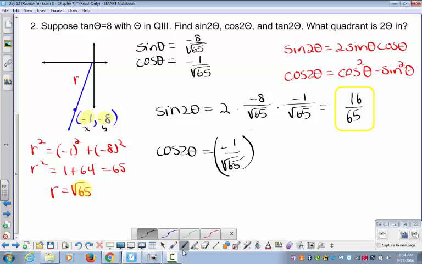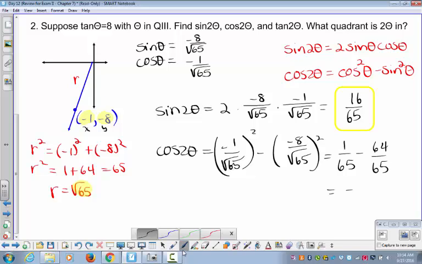So now we're going to do cosine squared minus sine squared. Oh, good. In the denominators, the square roots also disappear. We'll have 1 over 65 minus 64 over 65.